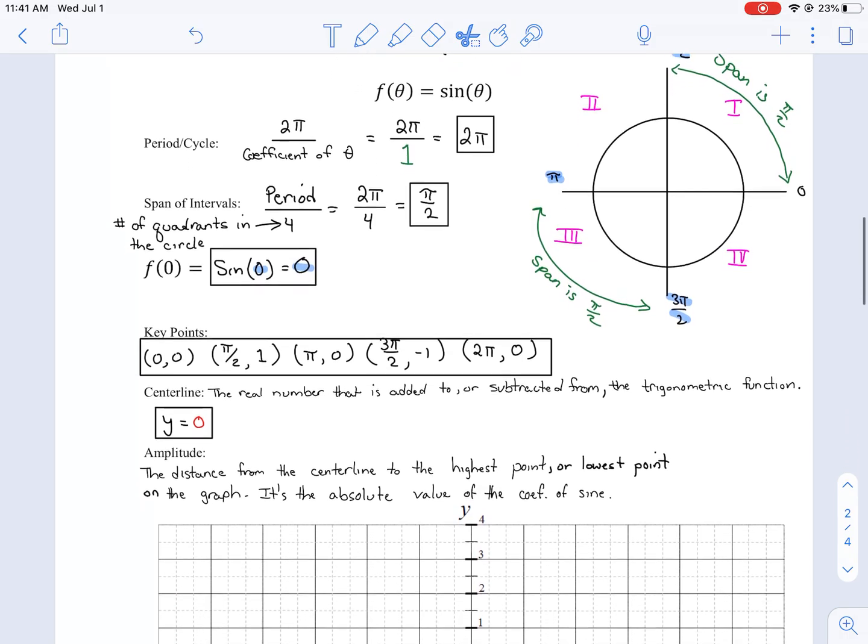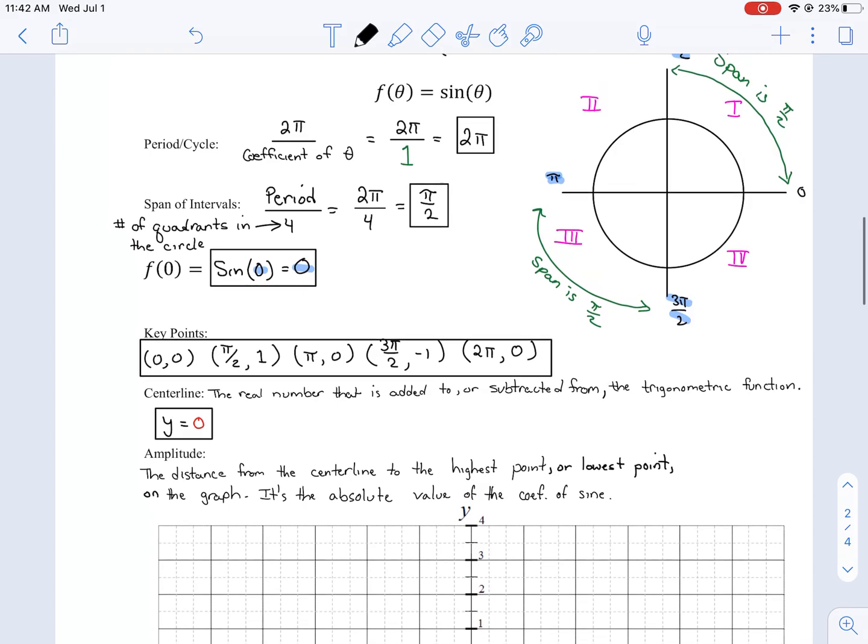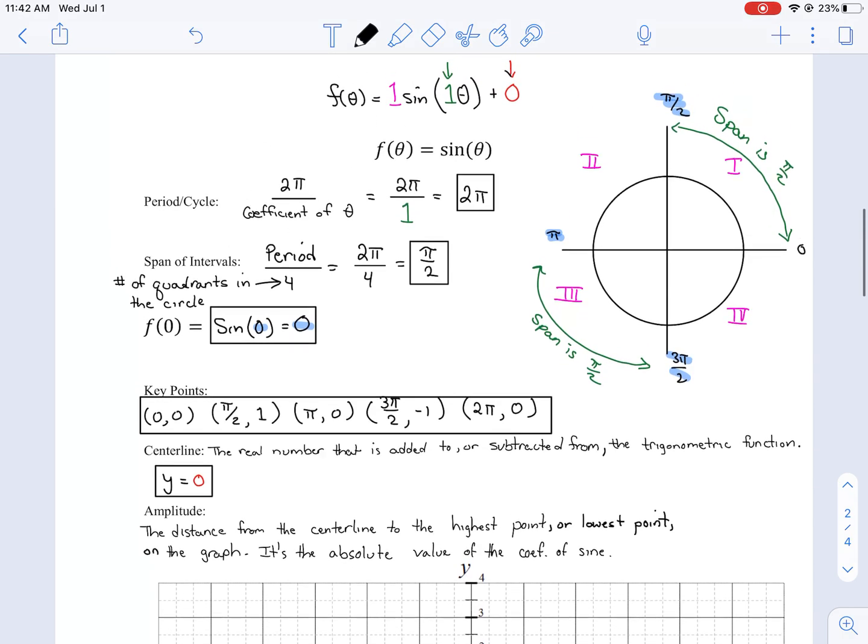Finally, the amplitude. The amplitude is the distance from the center line to the highest point or the lowest point on the graph. It's the absolute value of the coefficient of sine. So let's take a look at the coefficient of sine.